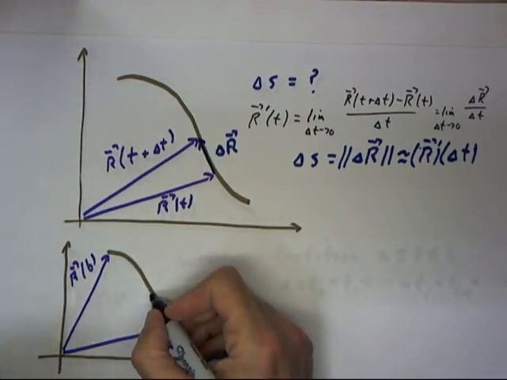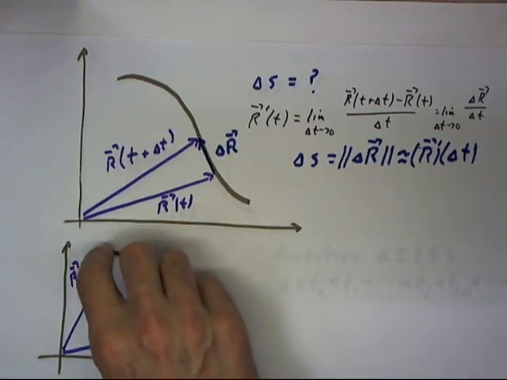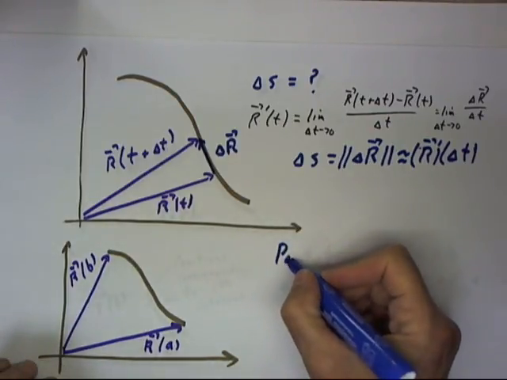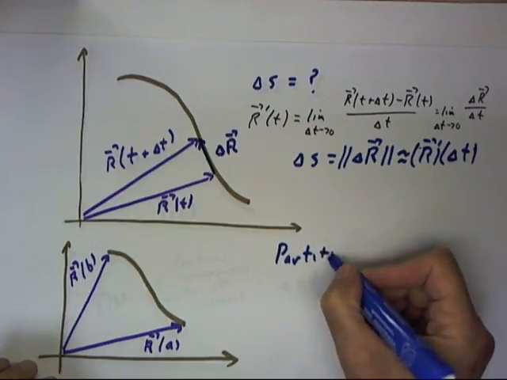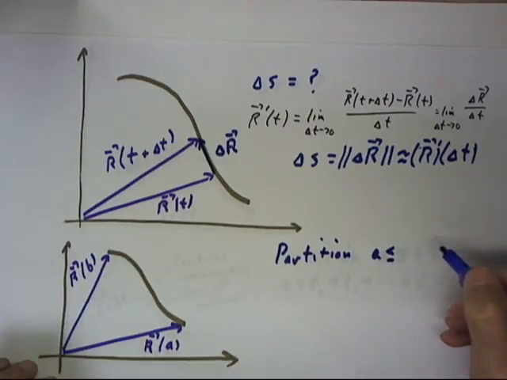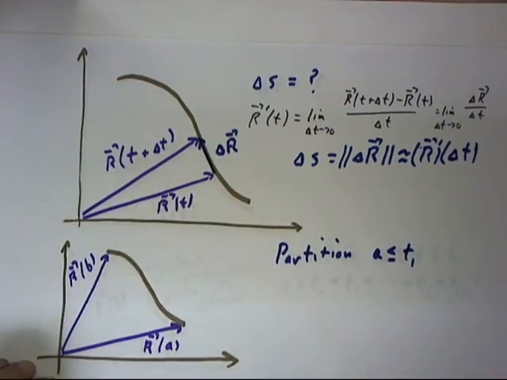the following. We partition the interval between A and B, and let's write out that partition.